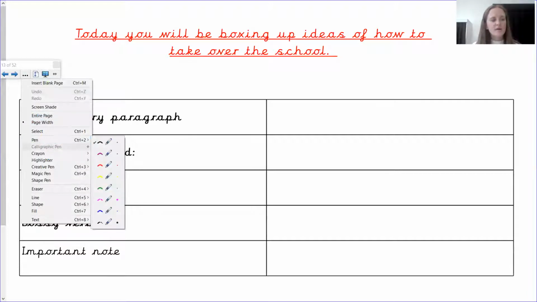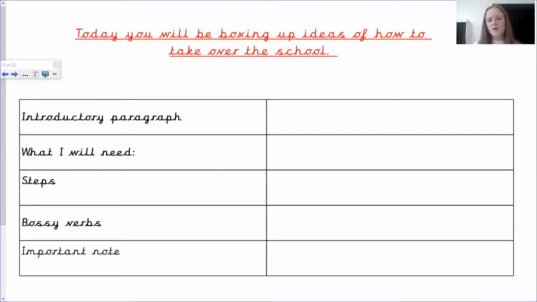Just write that so we have that. Anything extra that you may want to put. So this is our imperative verbs. Your imperative verbs, right? So you are going to be thinking about how you would take over the school.